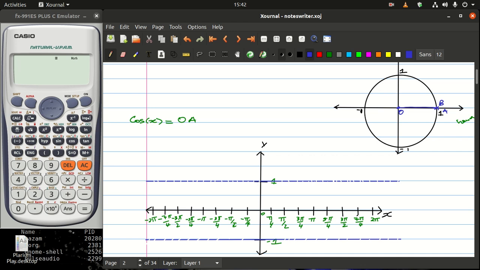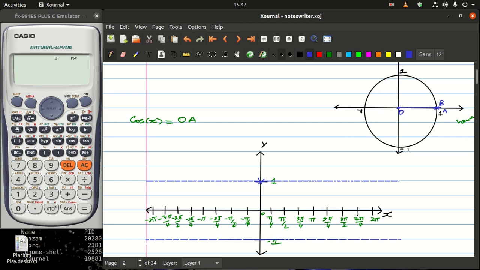The length from moving A up to that point here is the same as just a 1. So when x is equal to 0, which means the angle is equal to 0, B and A are in the same point, but the length of O to A is 1. So we are somewhere there.